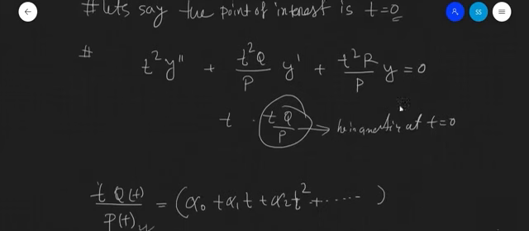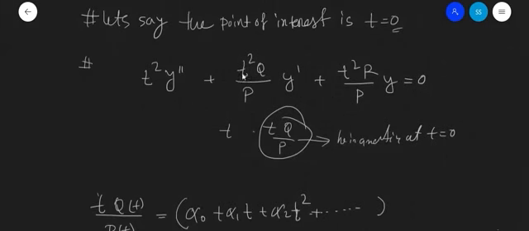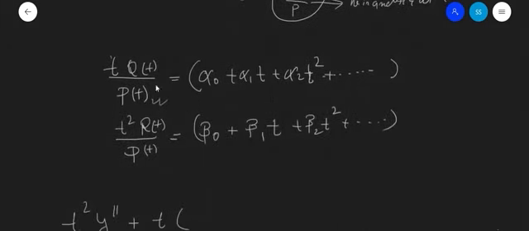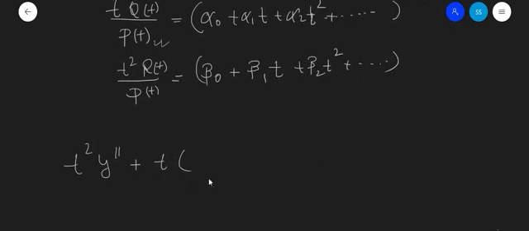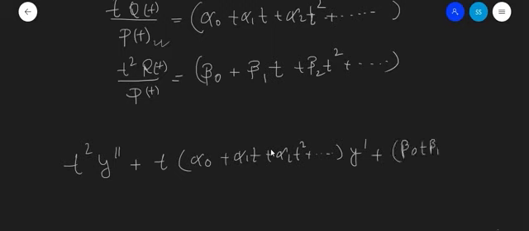If you just see this equation, that there was a t squared, but one of the t is going inside this expansion, so another t is left. So yeah, alpha 0, alpha 1 t, alpha 2 t squared, there is a y prime, and finally you can write this beta 0, beta 1 t plus and so on, y equals to 0, like this, right?